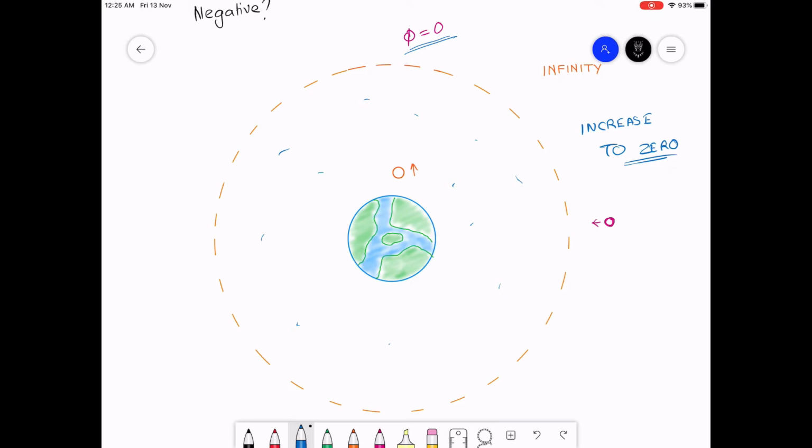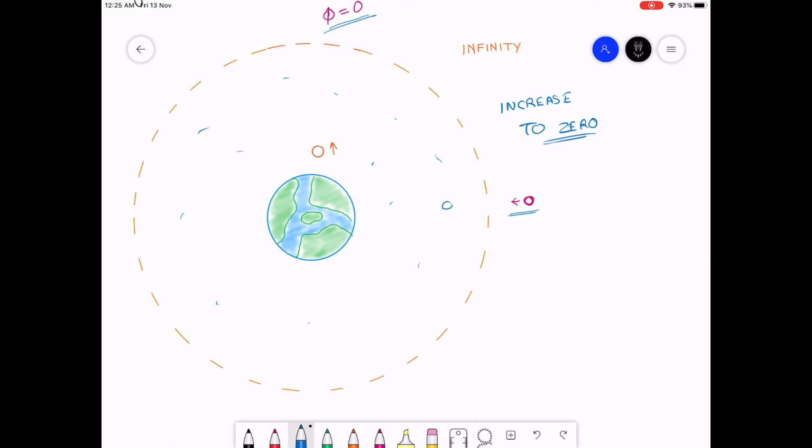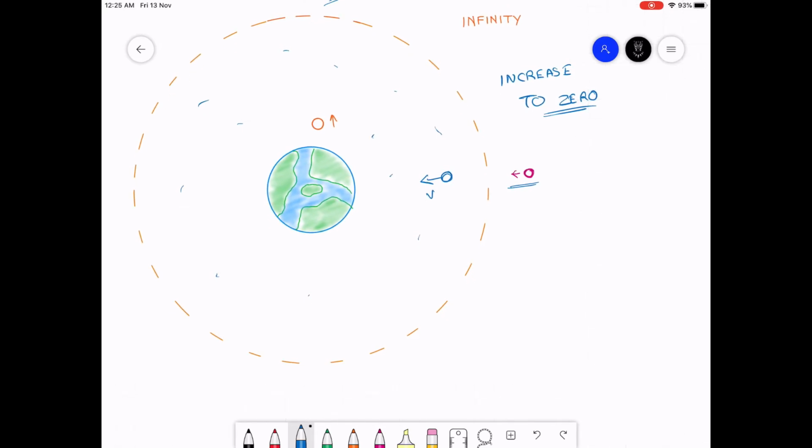Now, another way to think about this is an object approaching the Earth from infinity. As it falls into the Earth's field, it gains kinetic energy, right? But you're not doing any work on it. All we know is that it has potential energy, and that potential energy is zero at infinity.